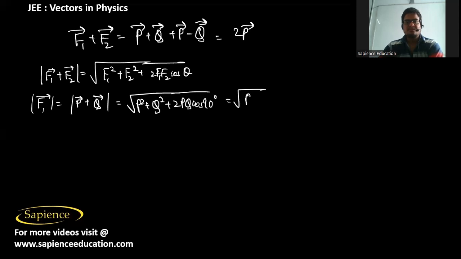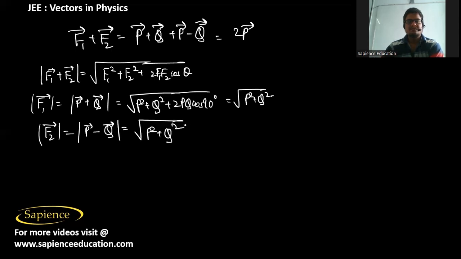So this will be square root of p square plus q square. Similarly, magnitude of F2 vector, that is magnitude of p vector minus q vector, will also be square root of p square plus q square minus 2pq cos 90, that will be also 0. So this will be square root of p square plus q square.